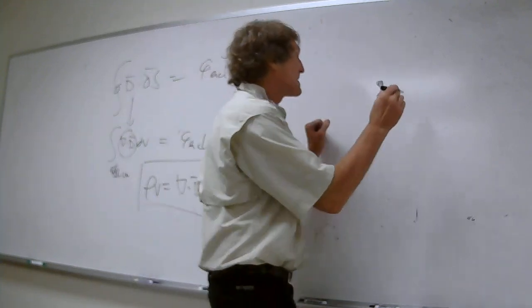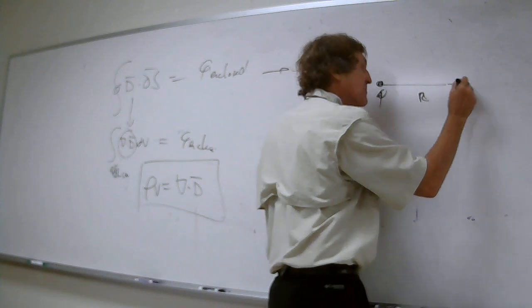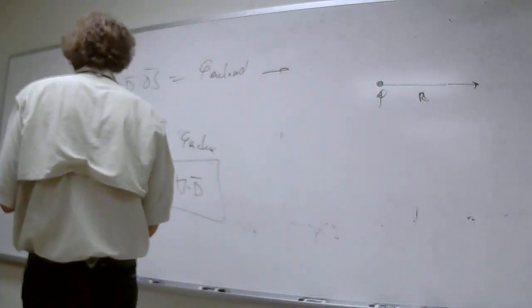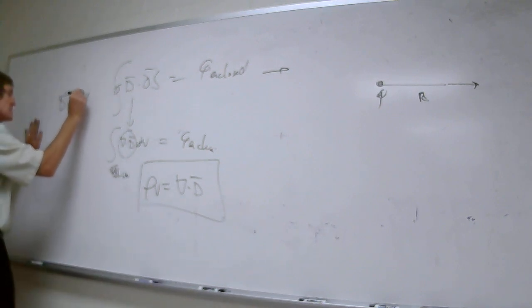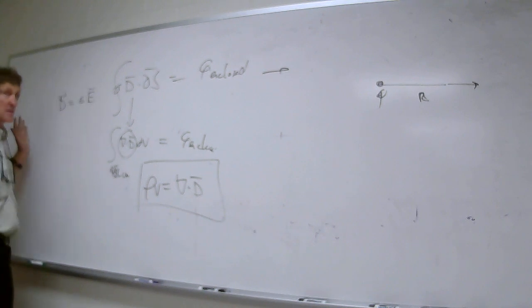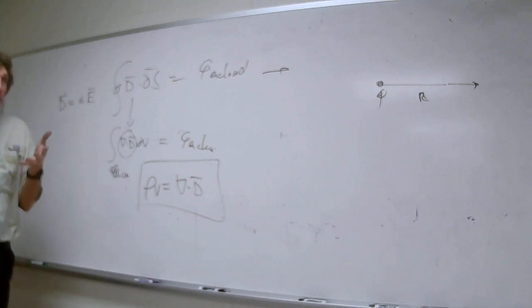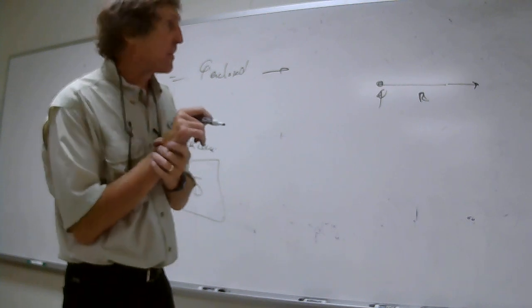Well, if I come out a distance r from there, oh, I didn't say what the D field was. The D field itself is like the E field. It's equal to epsilon times the E field. That's all it is. Now, they're proportional with this constant epsilon.